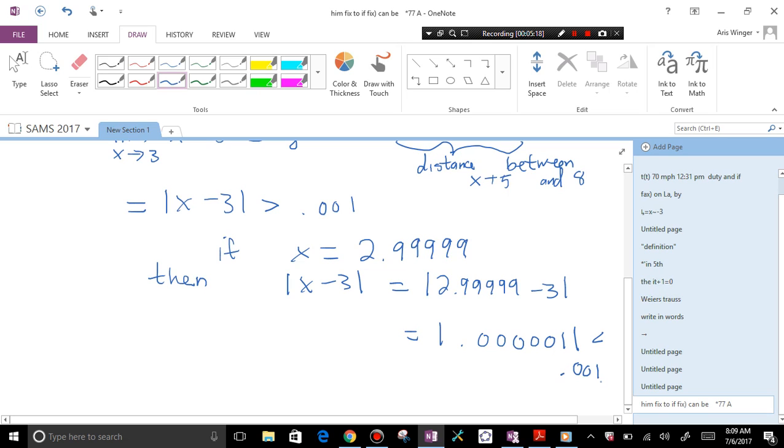And so she's wrong. And then every time she picks a number, you can pick a value x that's close enough to 3 that proves her wrong. And you can do that for every value she gives.